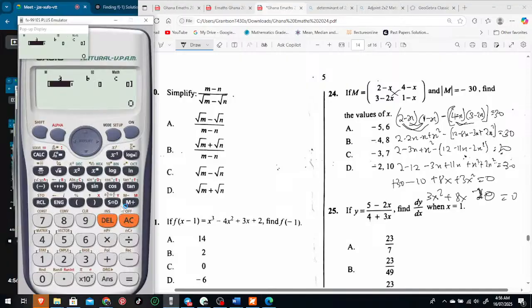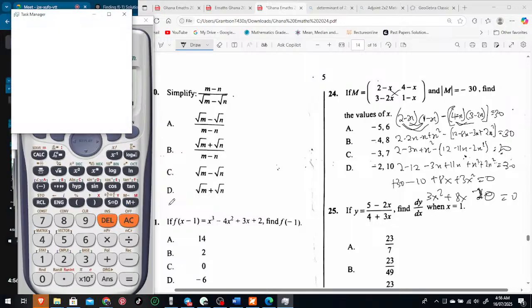Today my calculator is giving up. I'm putting the answer.